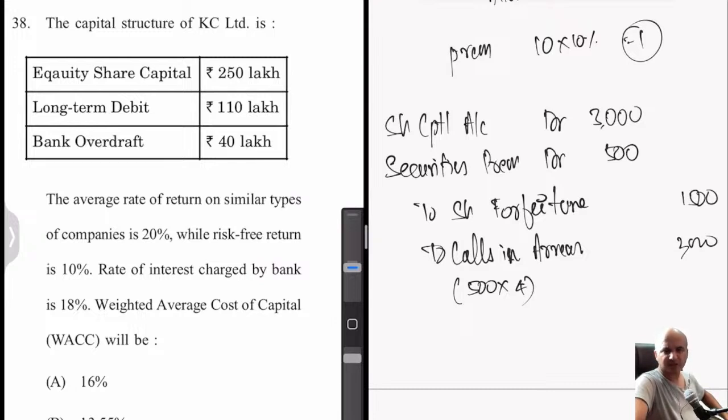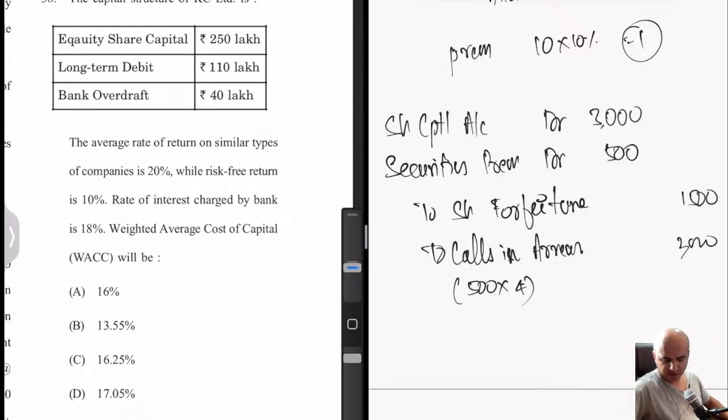Am I missing something here? Exactly, beta is also not there. There is some missing information. Let me just check the guideline answers. Let's see if there is any instruction. Sometimes they will tell us where exactly they have gone wrong.